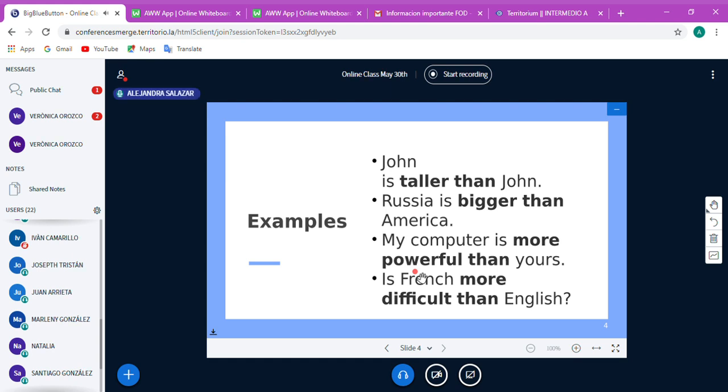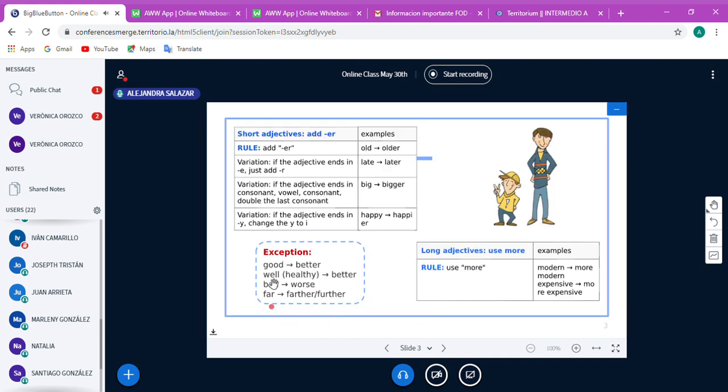You have more exceptions, surely, but the most common are these, and the ones that we are going to use are these. Okay, kids, so any question about this?